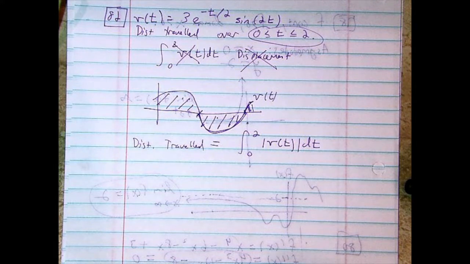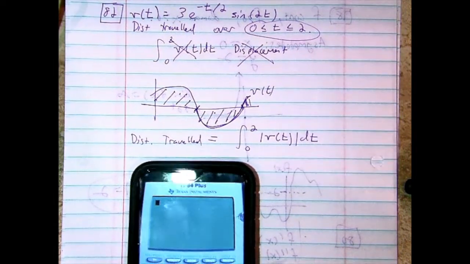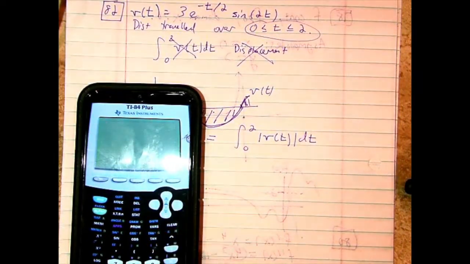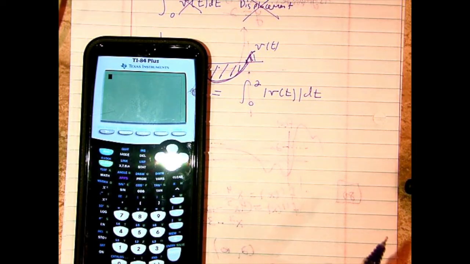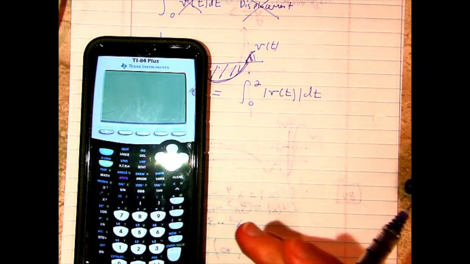That will actually give us the right answer. So I'll integrate the absolute value of the velocity function with my calculator. I don't even need to go to the graph of this thing. I can just use the integral function within the calculator and not worry about the graph.